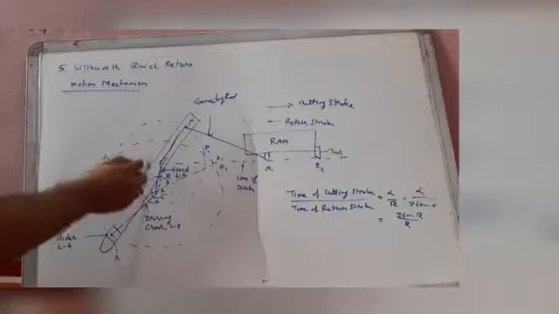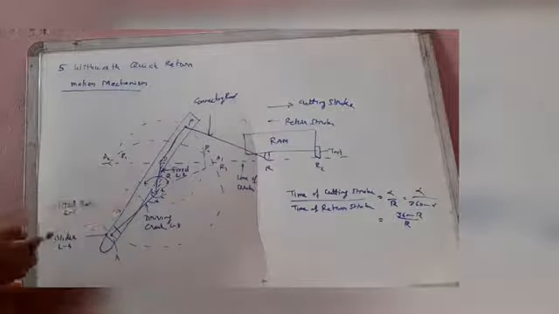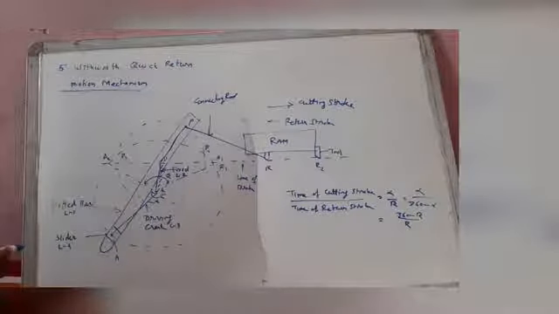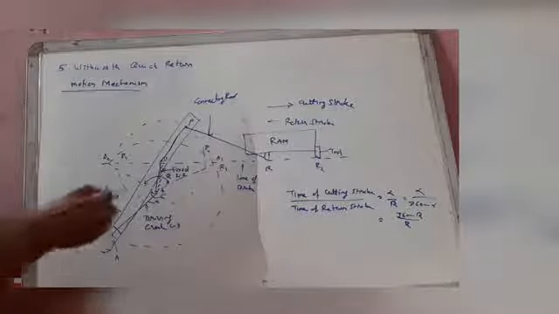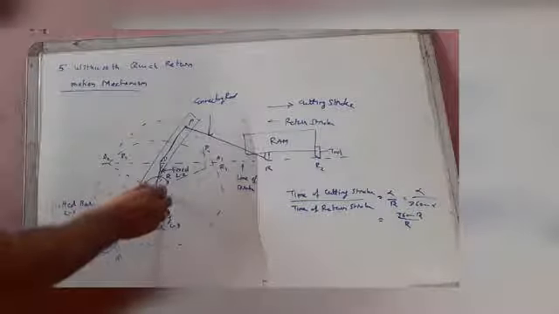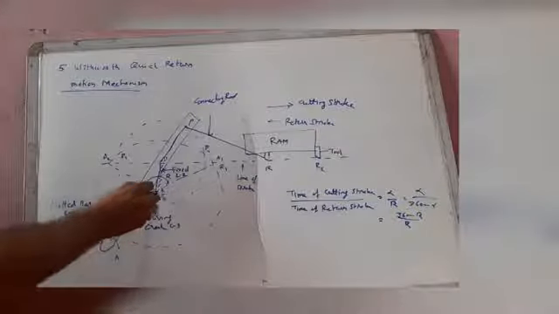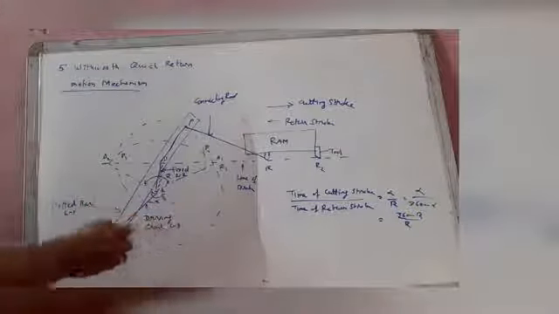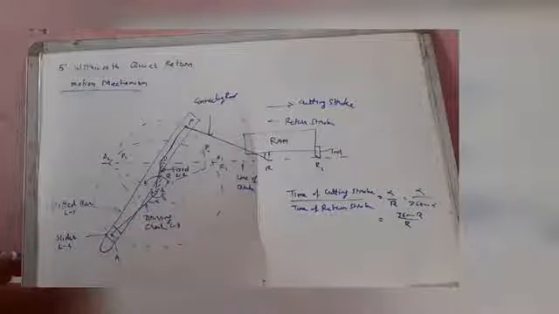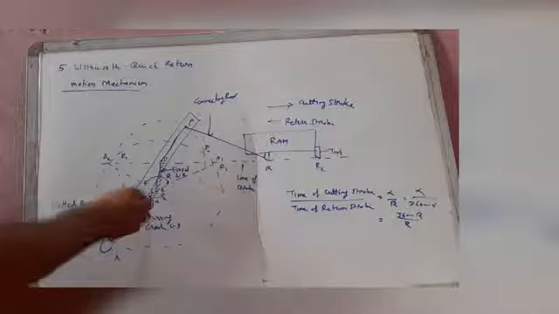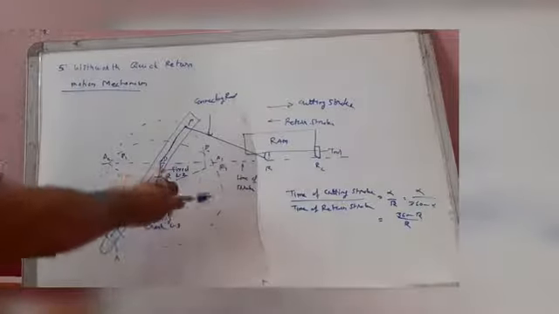This is also the same as in a reciprocating steam engine. The driving crank CA, here from C to A, link 3, rotates at a uniform angular speed.